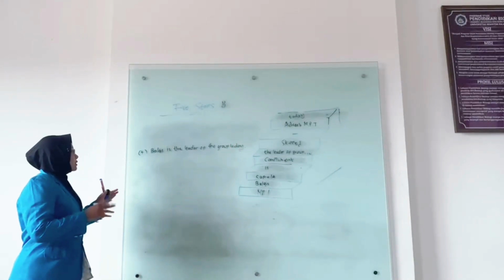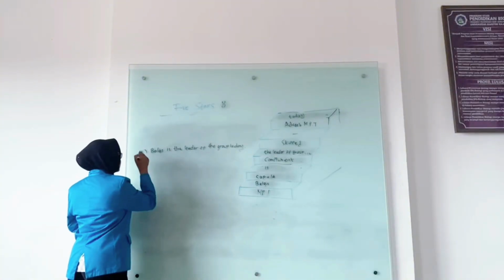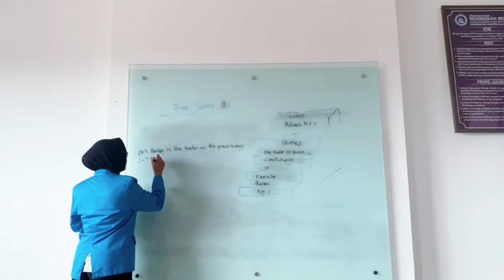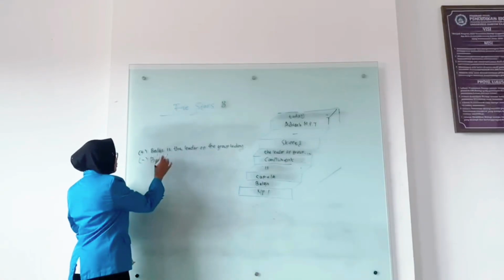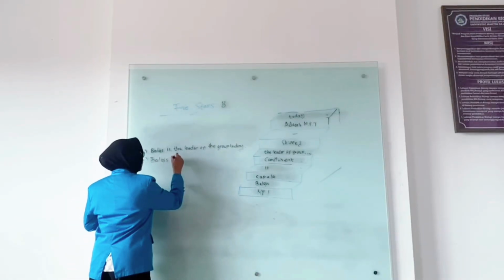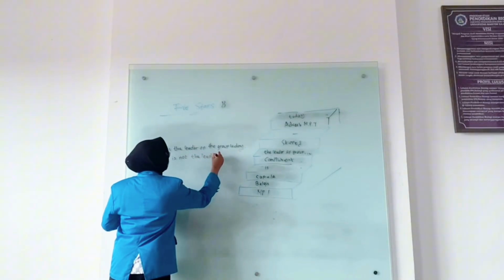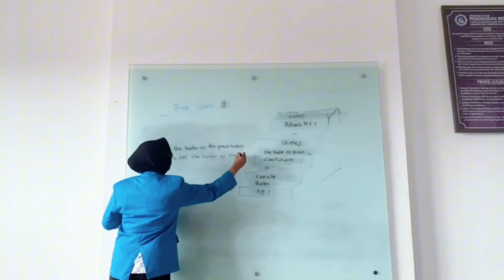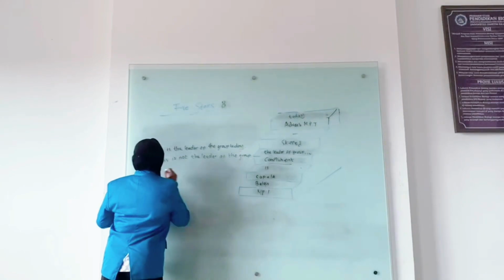Next, we construct the positive sentence into the negative sentence. In the negative sentence, we add not after the copula. Balqis is not the leader of the group today.